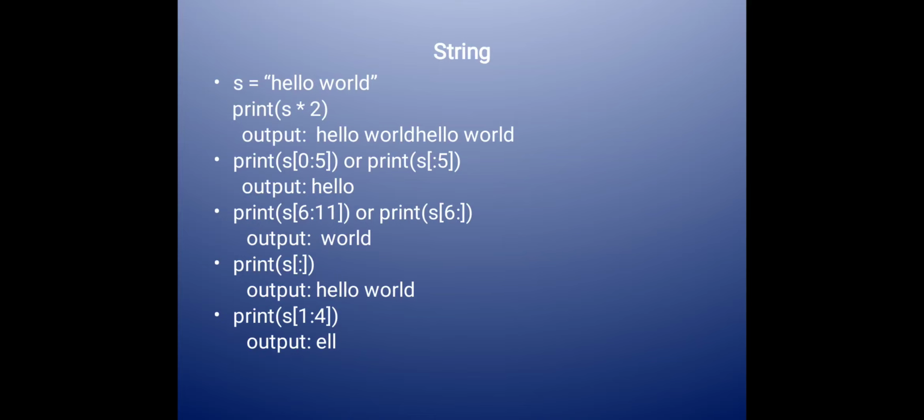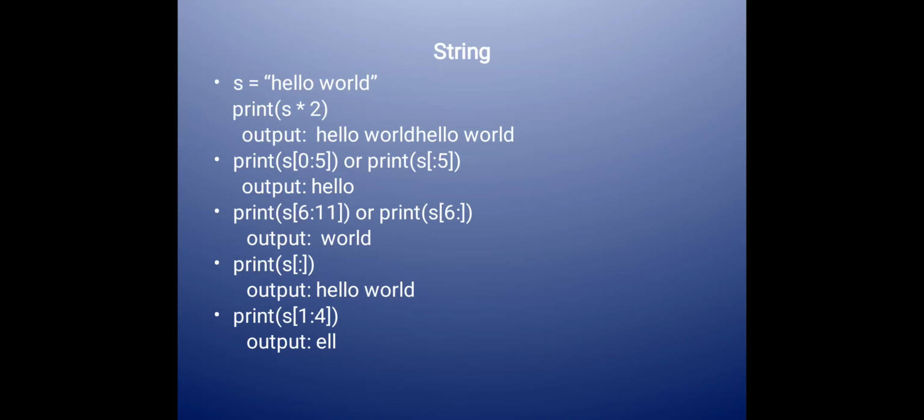Print s of 0 colon 5 can also be written as print s of colon 5. Here we are leaving out the start index. While leaving out the start index, the range will start at the first character. So whether you give the start index or not, the output will be the same. Print s of 0 colon 5 and print s of colon 5, the output will be the same, hello.